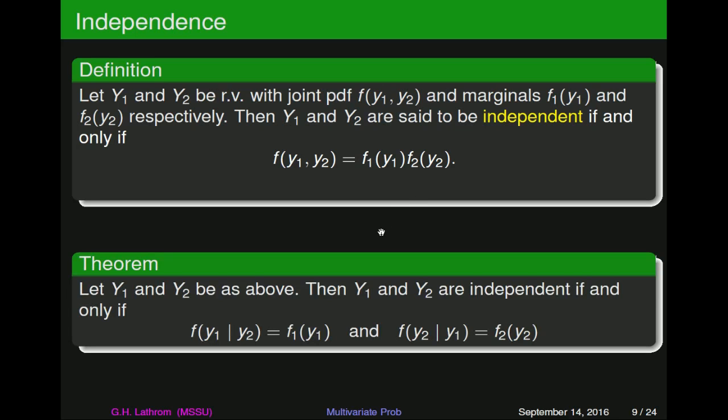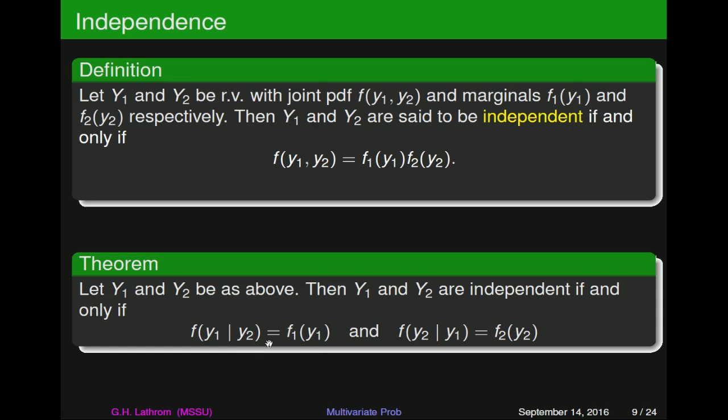What we also have is that if y sub 1 and y sub 2 are as above, then they are independent if and only if the conditional probability density of y sub 1 given y sub 2 is really just the marginal density for y sub 1.